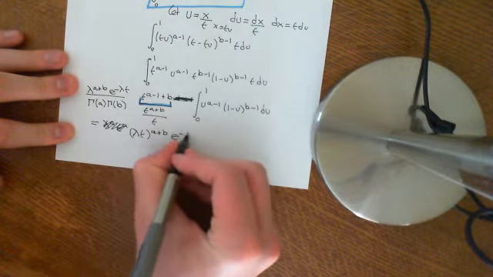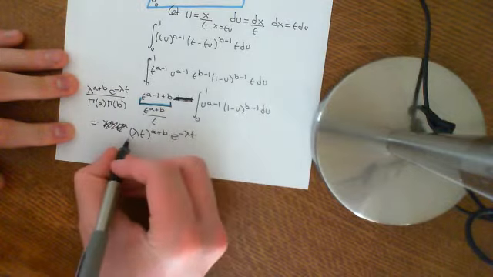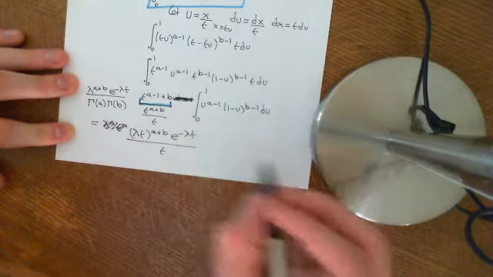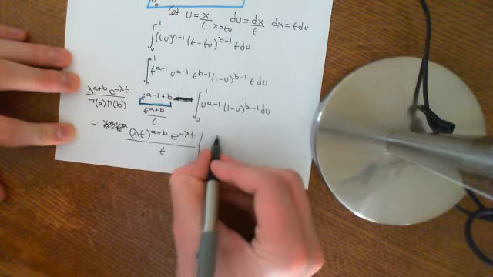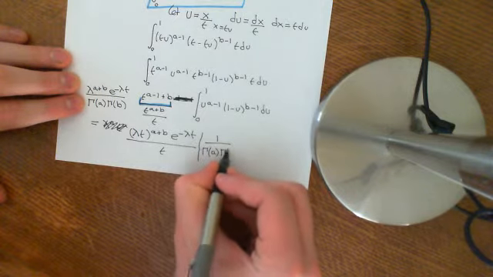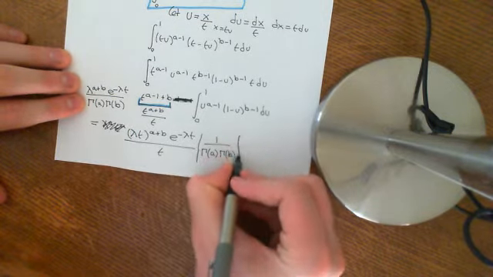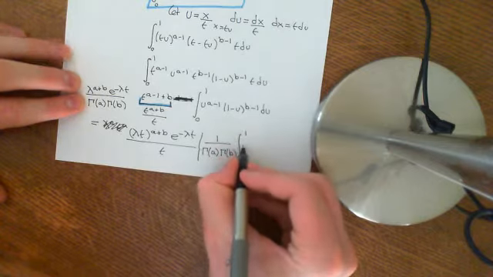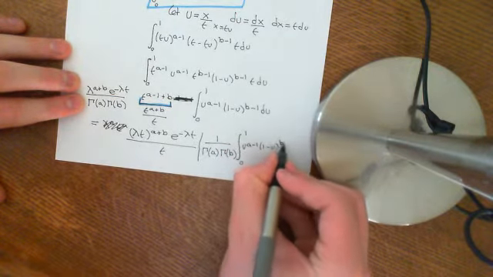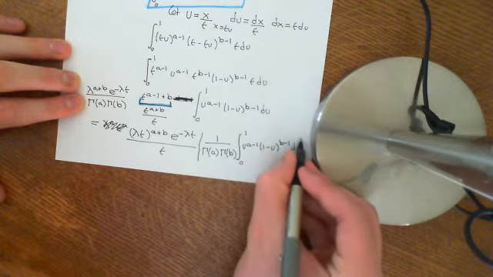Then we've got e to the negative lambda t over t from here, so we've got the over t over here, and then we've got this mess. We've got this 1 over gamma of a, gamma of b, times the integral from 0 to 1 of u to the power of a minus 1, 1 minus u to the power of b minus 1 du.